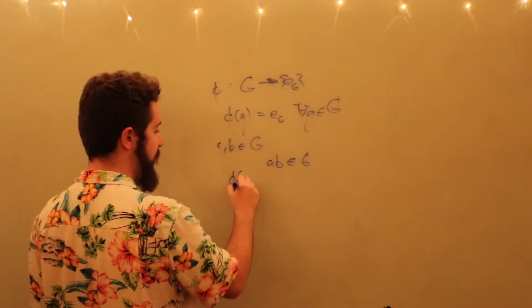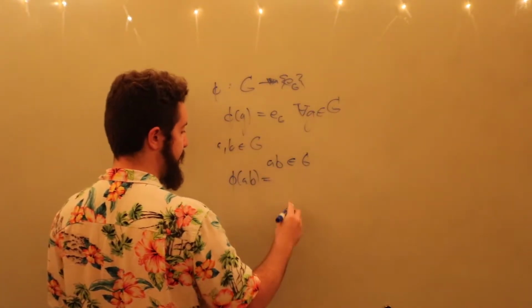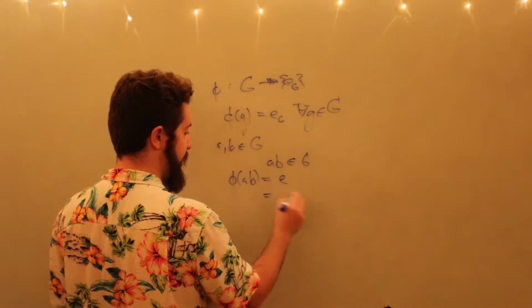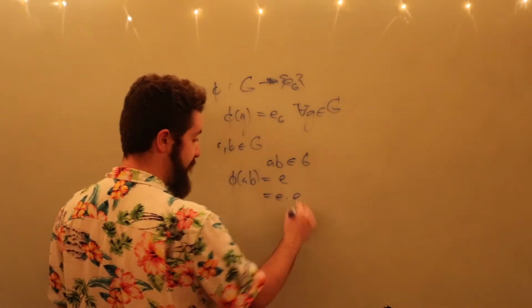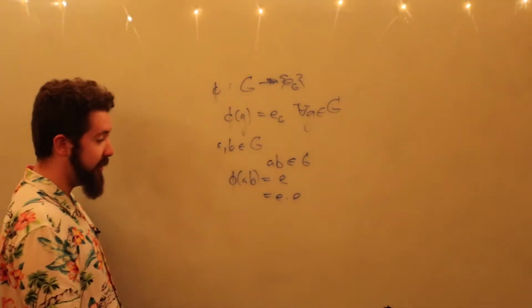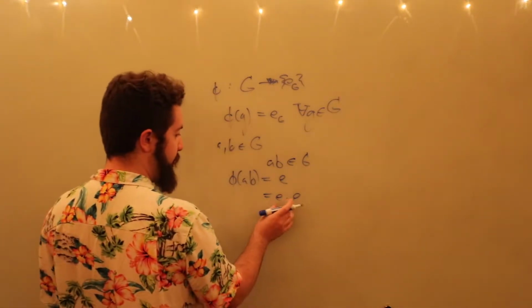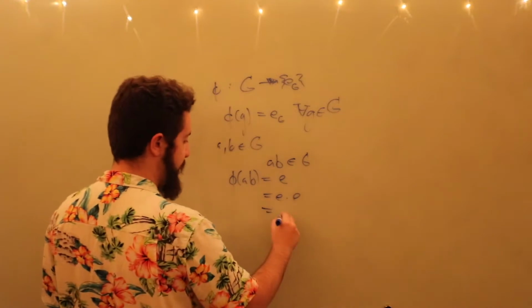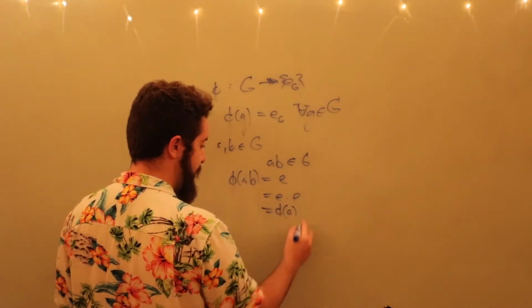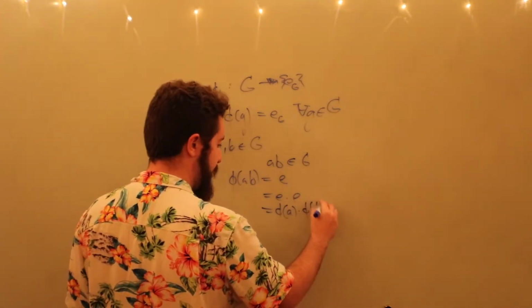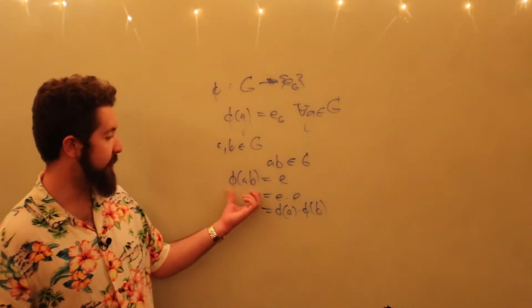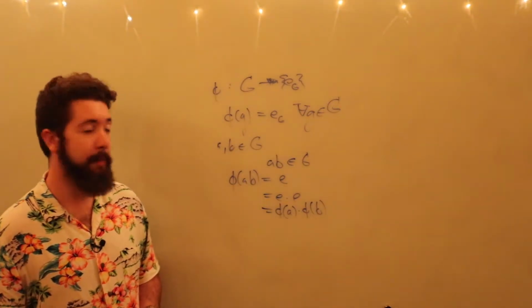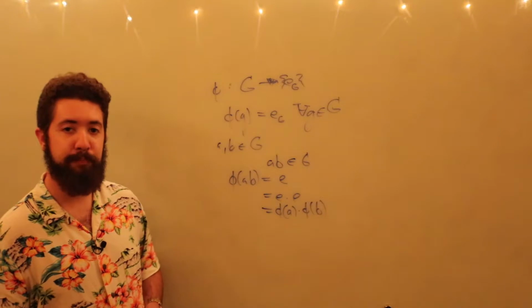So phi of ab is equal to E times E, the identity times the identity, which is still just the identity. But since a and b each individually get mapped to the identity, this is no different than phi of a times phi of b. And so we see that phi is an operation-preserving map, and thus a homomorphism.